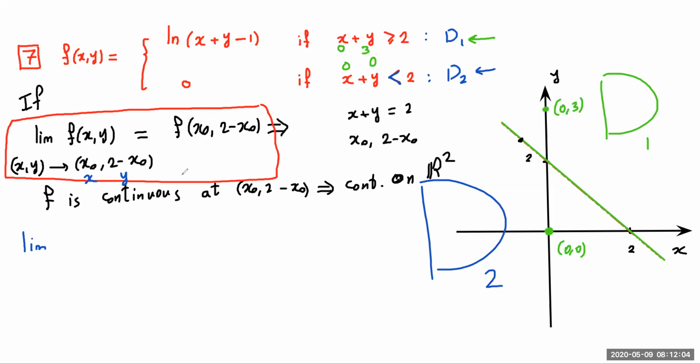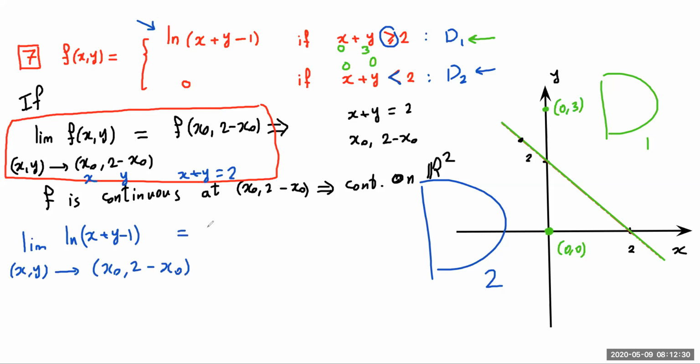What is x plus y here? x plus y equals 2. x0 plus 2 minus x0 equals 2. Because I have equal here, I will use the formula here. So it's the limit of ln(x plus y minus 1) when (x,y) approaches (x0, 2 minus x0).